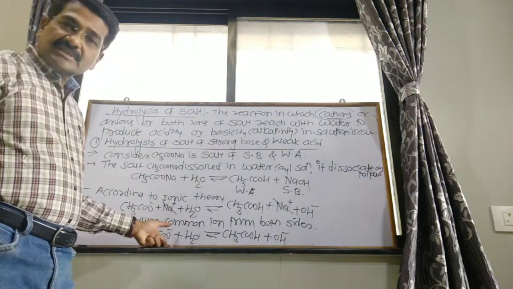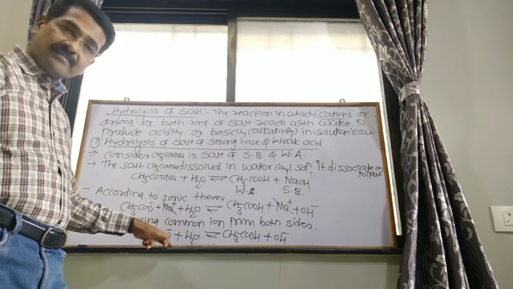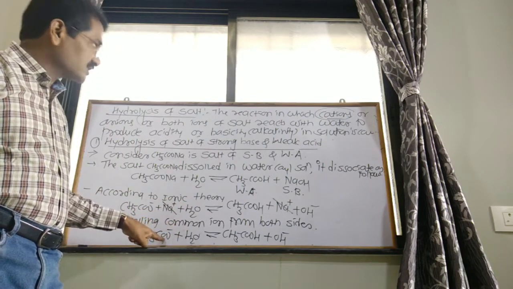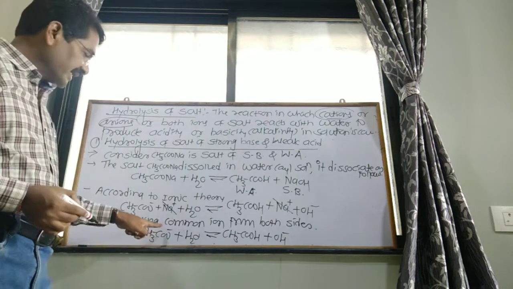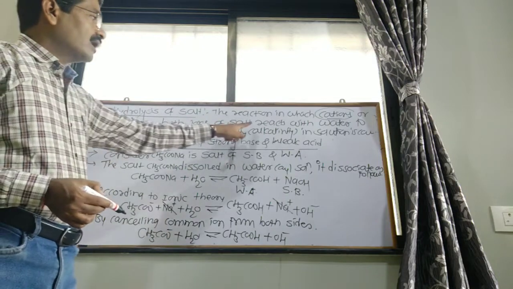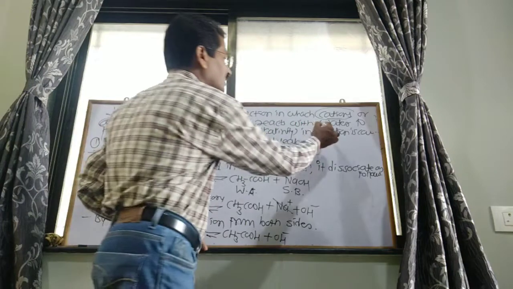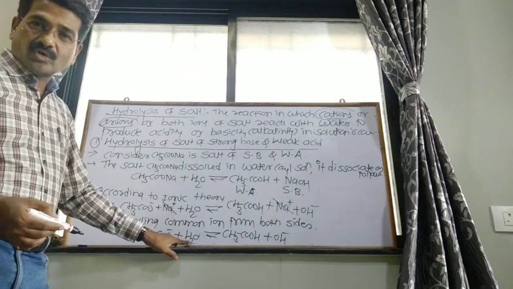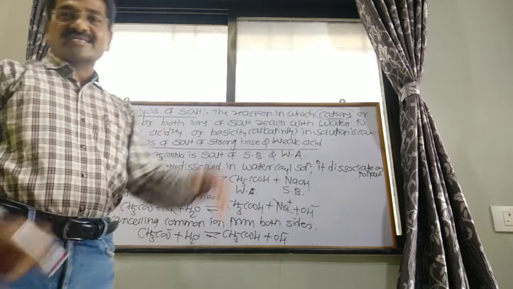This equation indicates that the anions, which carry the negative charge, of the salt react with water to give an excess of OH minus ions.